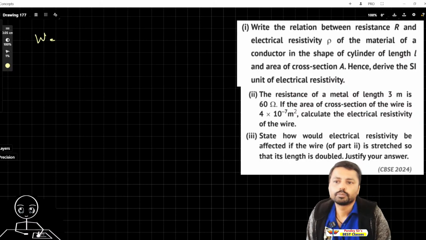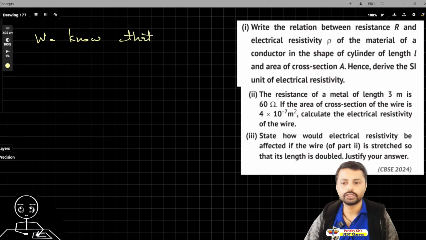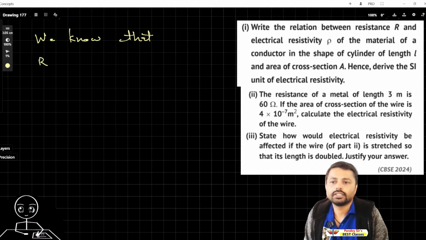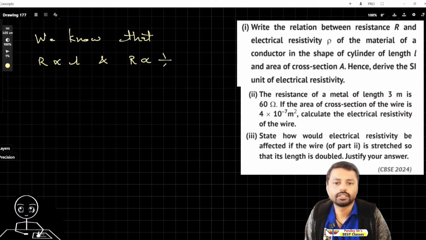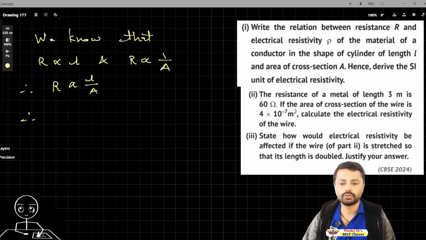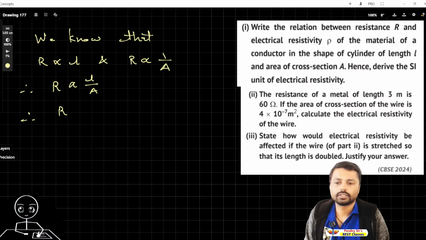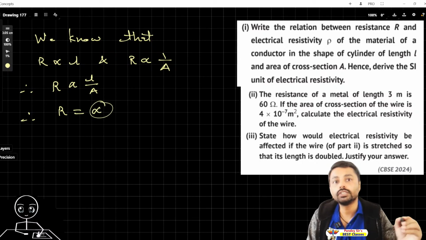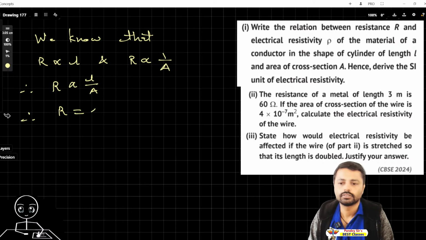We know that resistance is proportional to length. So R is proportional to L, and R is proportional to 1 by A. So therefore we get R is proportional to L by A. Therefore we get R equal to rho into L by A. Now rho is the constant of proportionality.